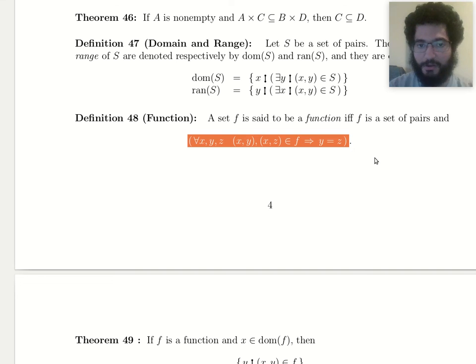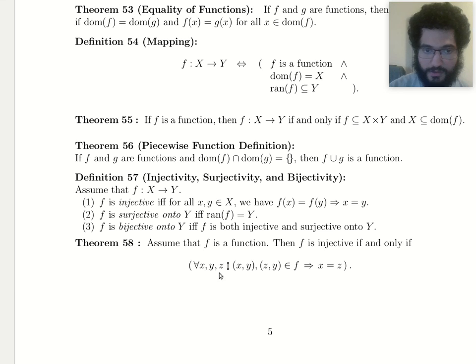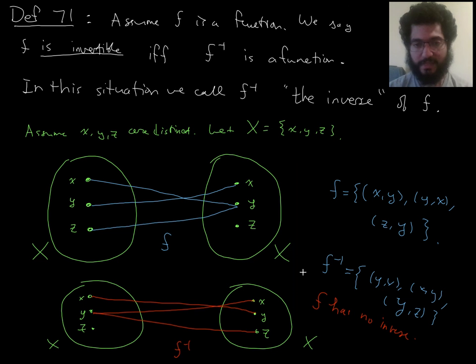Just the variable names have to be replaced. That's fine, they're all bound variables. Basically, injectivity and functionhood, this under definition 48 and this under theorem 58, are just the same statement but with the pairs getting flipped around. That's the observation we're making here in this picture.